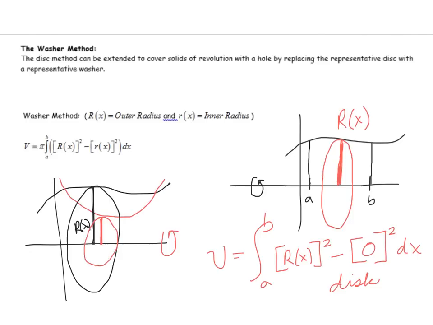This is a terrible picture, but if I subtracted those two, this little r of x, then I would actually have the area in here. So you're trying to find the area of the washer, and then take all the areas of the washers and add them up to get the volume. So let's take a look at some examples. It'll be a little bit easier.